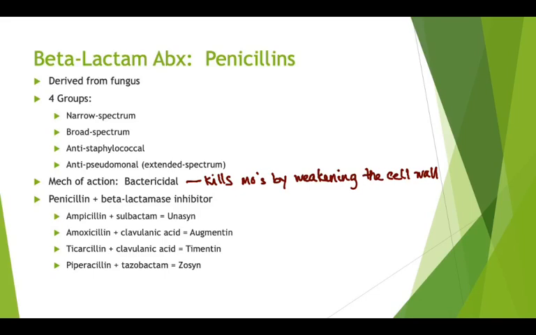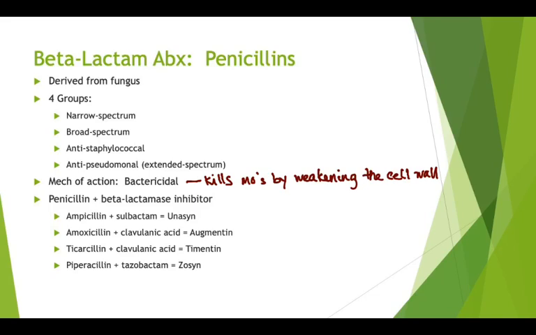Penicillins plus your beta-lactamase inhibitors are going to be combination antibiotics. And the 4 that are there are your most common combination ones. So your ampicillin and sulbactam, which is your Unasyn, amoxicillin and your clavulanic acid, which is your Augmentin, your ticarcillin plus your clavulanic acid is your Timentin.